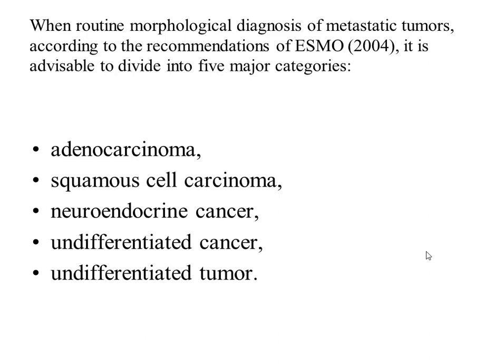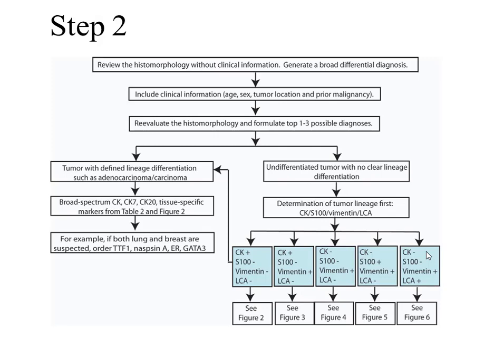In the routine morphological diagnosis of metastatic tumor, according to the recommendation of the ESMO, it is advisable to divide into 5 major categories: adenocarcinoma, squamous cell carcinoma, neuroendocrine cancer, undifferentiated cancer, and undifferentiated tumor. On the second step, we must review the histomorphology without clinical information and generate a broad differential diagnosis.